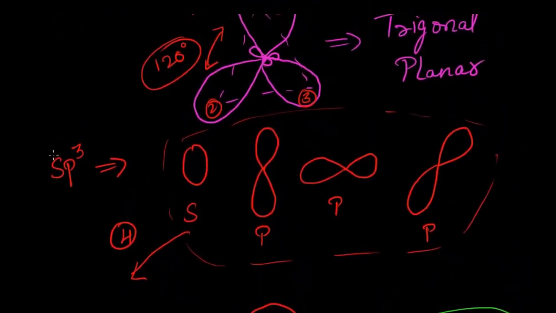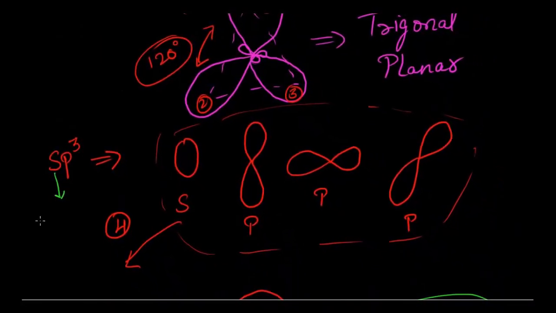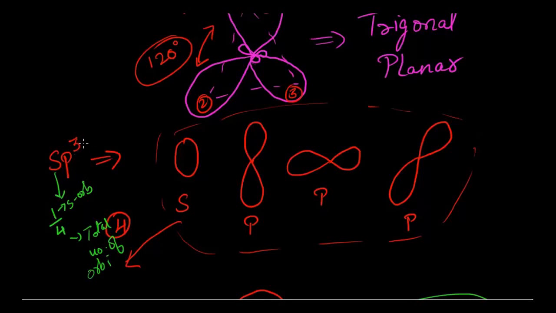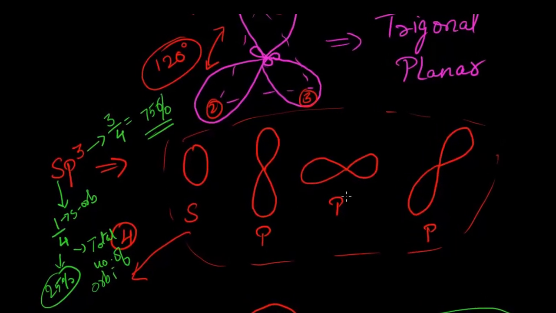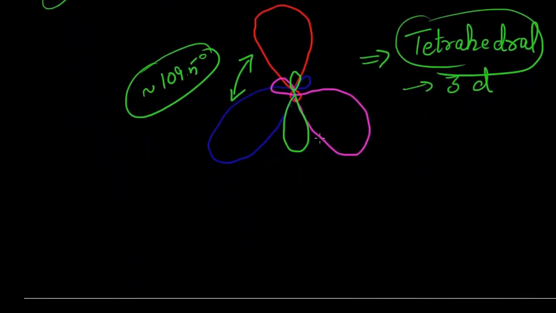If we talk about s and p character here, the s character will be 1 by 4, because there is only one s orbital and the total number of orbitals is 4. And for p it will be 3 by 4. So this is 25% s character and 75% p character in sp3 hybridization.